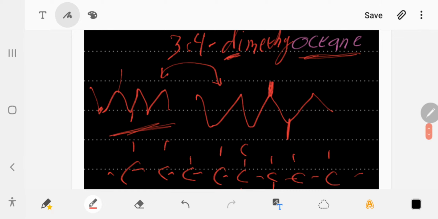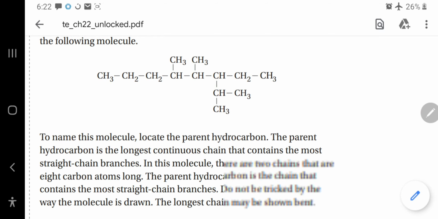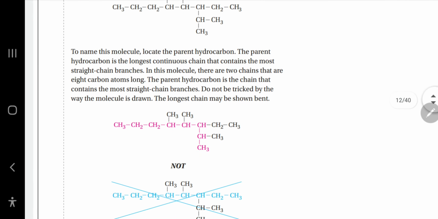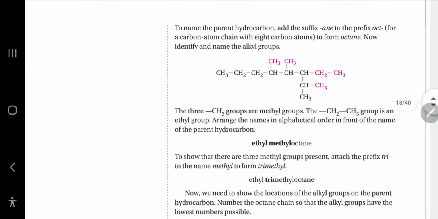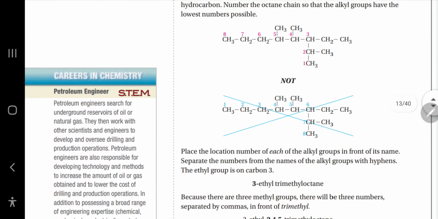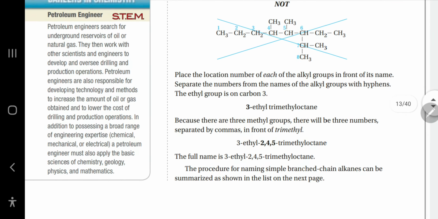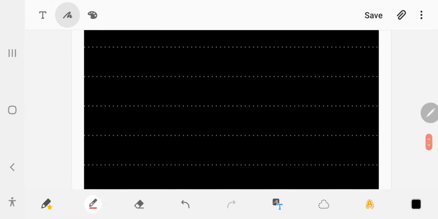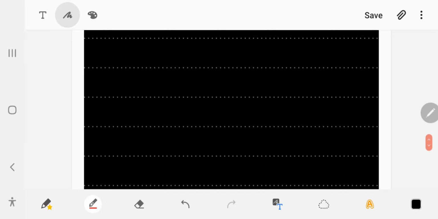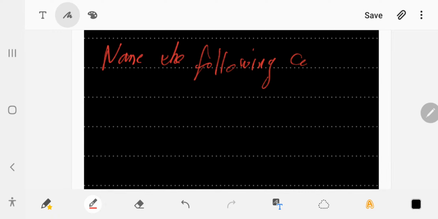This is all for our lesson today about how to name organic compounds. As you can see here, find the longest chain and try to give the stable name for the compounds. And for you guys, these questions will be homework for you. I hope that you draw them and submit them on the platform. Give the name of the following compounds.